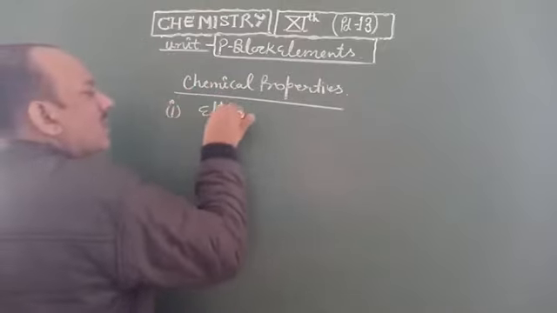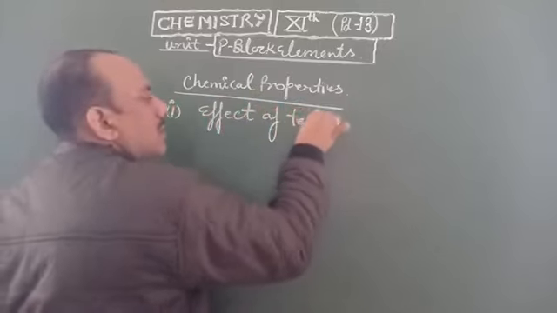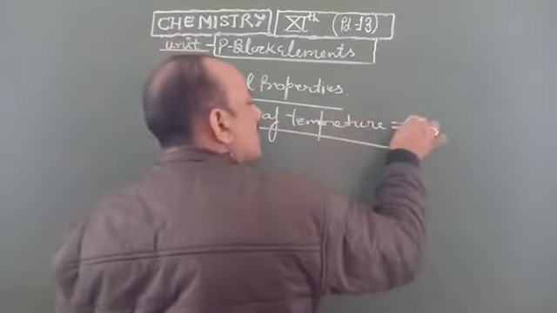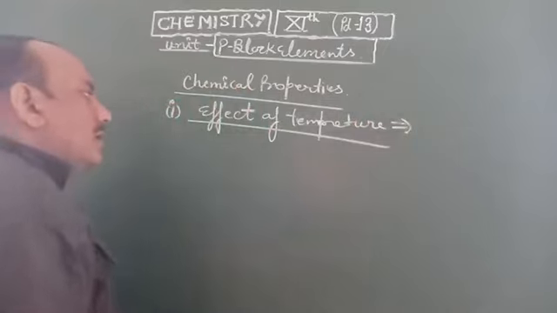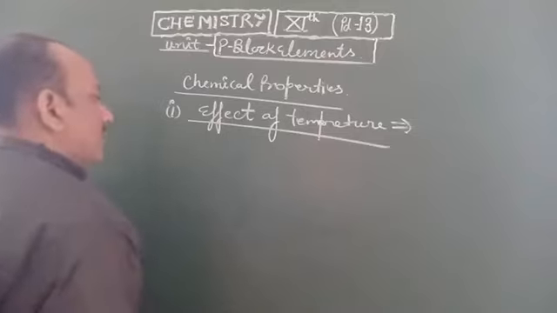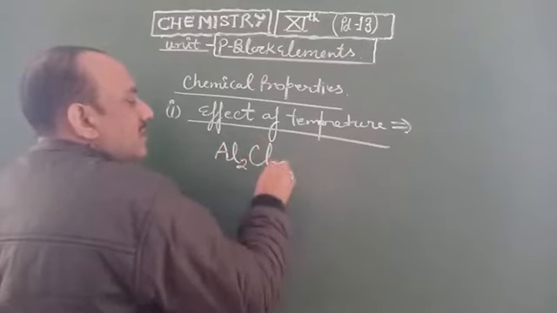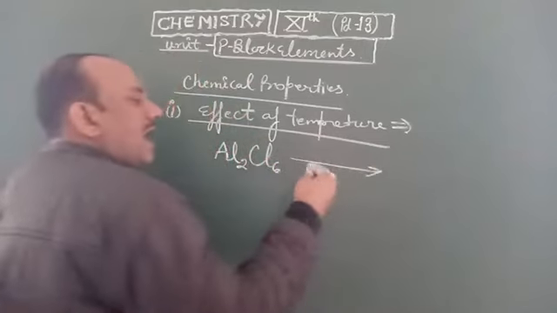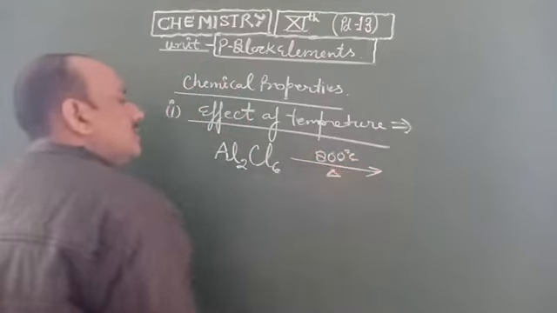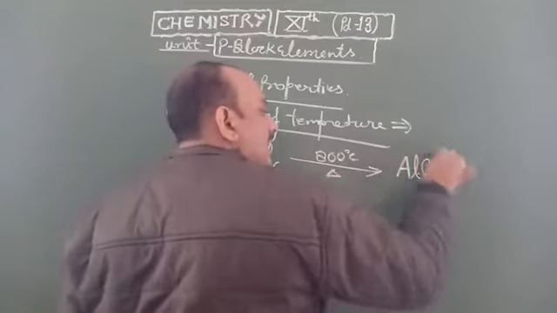This property shows the change of the dimeric form to the monomeric form. Al2Cl6 is heated at high temperature, about 800 degrees Celsius, then it gives its unhydrated monomeric form, AlCl3.